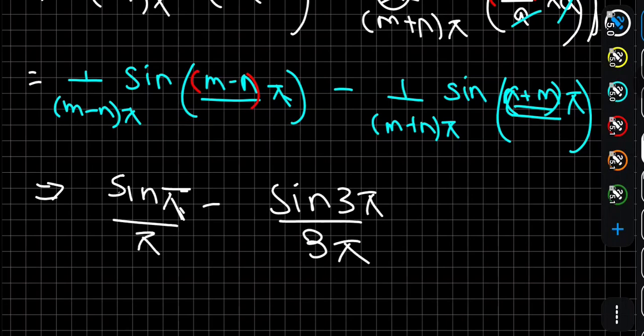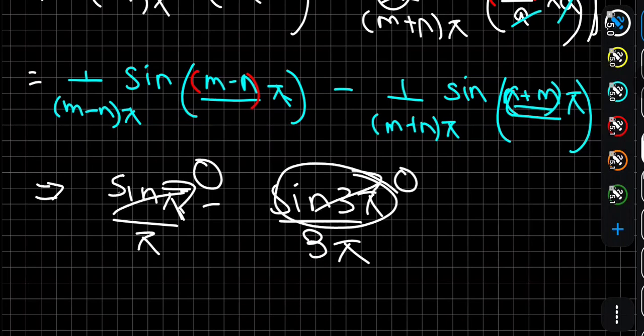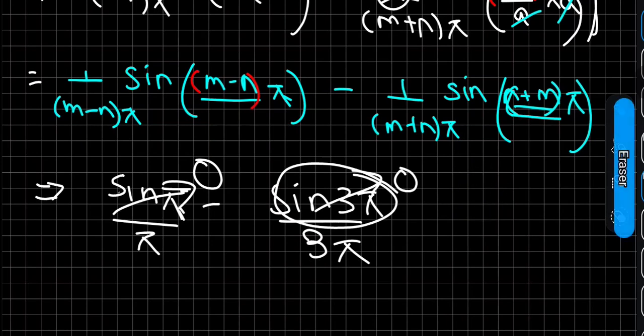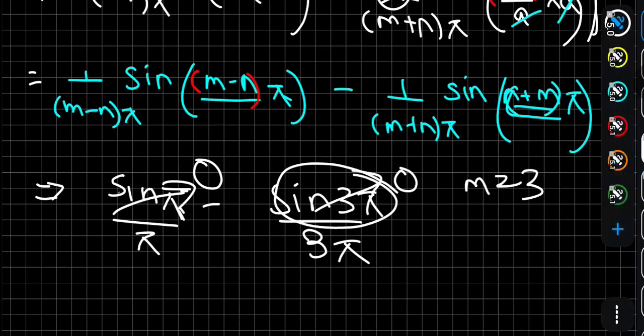And you know that sine 3 pi is 0 and sine pi is also 0. So no matter what you put, if they're consecutive, then you can always do that. Let me put another number to clarify, let's say m is 3 and n is 1.